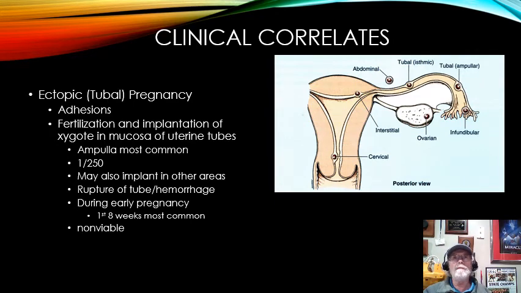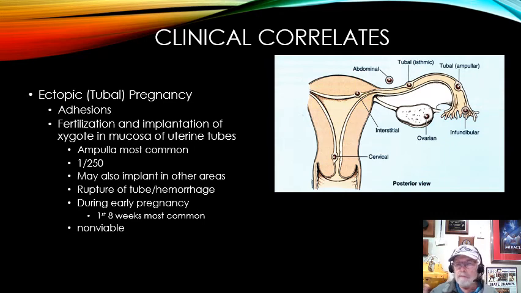Sometimes the fertilized ovum, I should now be saying zygote, because a zygote is where the spermatozoa fertilizes the ovum, and now we have one cell that becomes two cells, two becomes four, four becomes eight, and it keeps on multiplying. As that zygote tumbles and rolls down the fallopian tube, aided by the cilia, sometimes it stops.